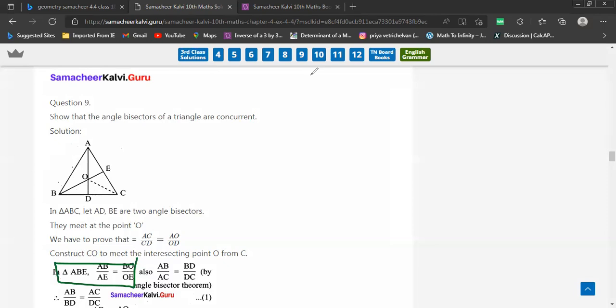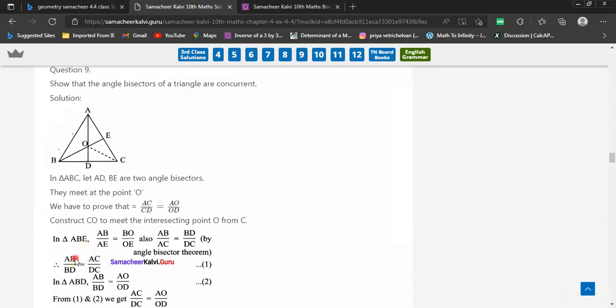Similarly, AB by AC is equal to BD upon DC. You can write like this also. So from this part, you can write AB by BD is equal to AC by DC.